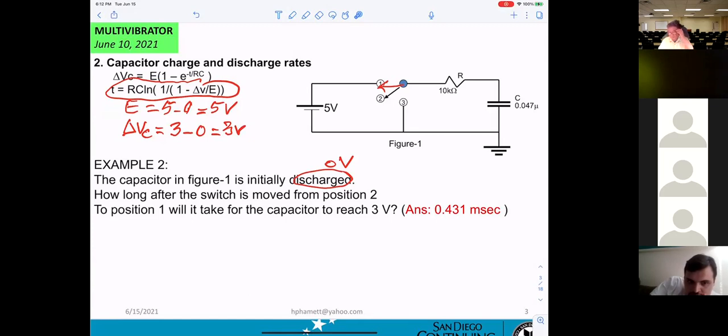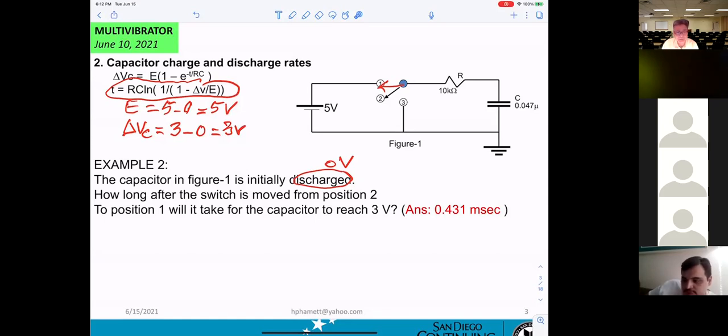But am I incorrect in saying that to be able to complete the formula for time, you have to first do the formula for delta VC, because that's part of the formula for time? Right. And the 3 volts and the 5 volts represent the capital E in both of those respective formulas.